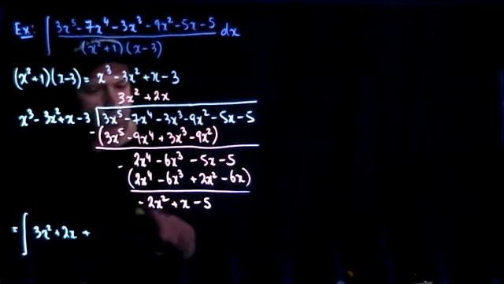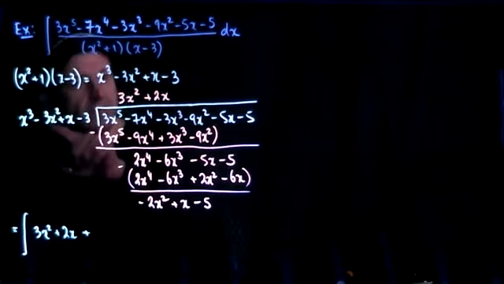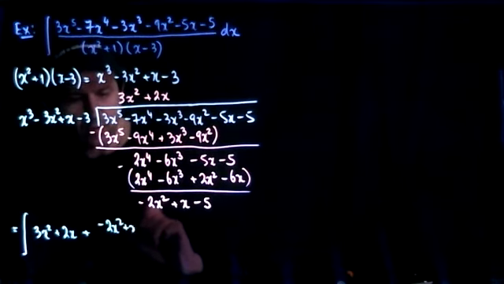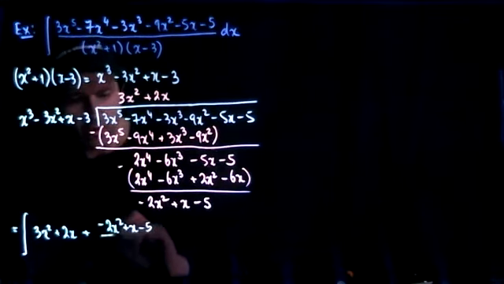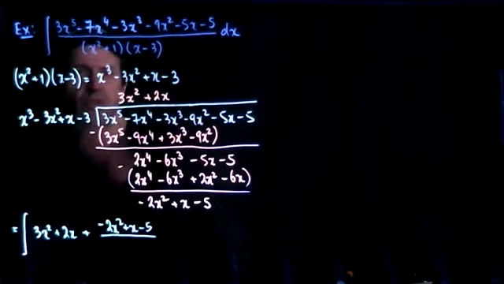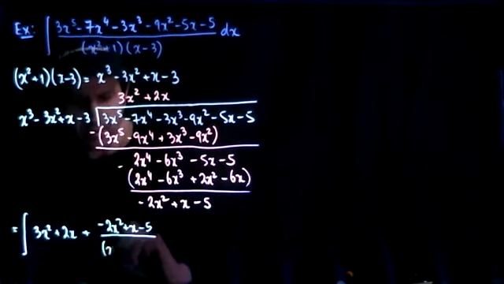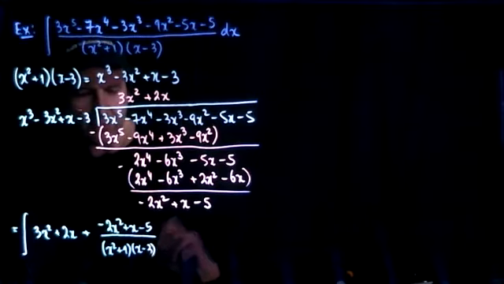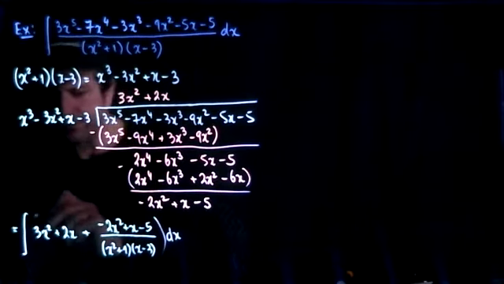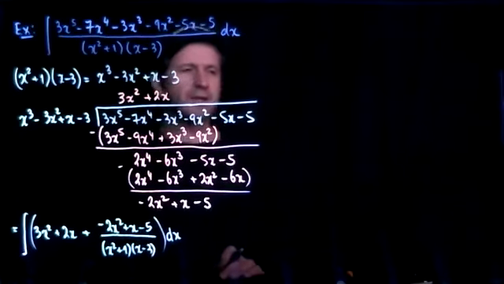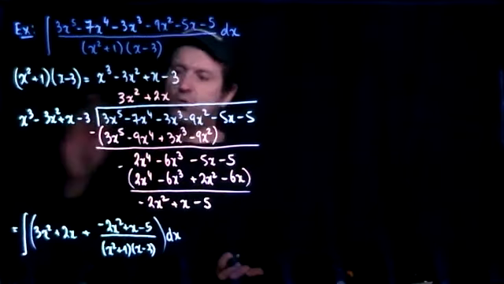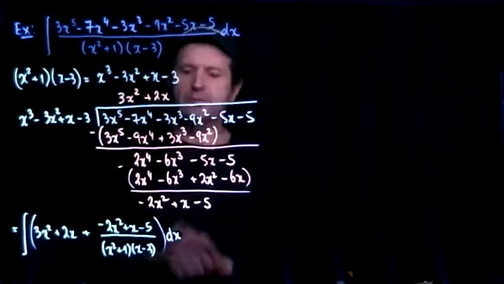Always plus the remainder over what we divided by. That's always the form in division. So minus 2x^2 + x - 5 over the denominator, which I could write factored like this, (x^2 + 1)(x - 3), and all this dx. So that's how I'm rewriting my integral. Are there any questions until this step?